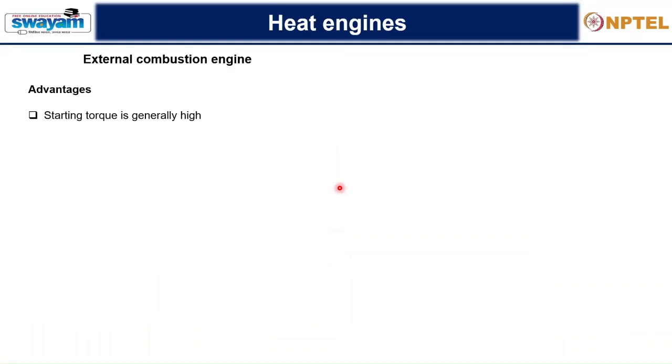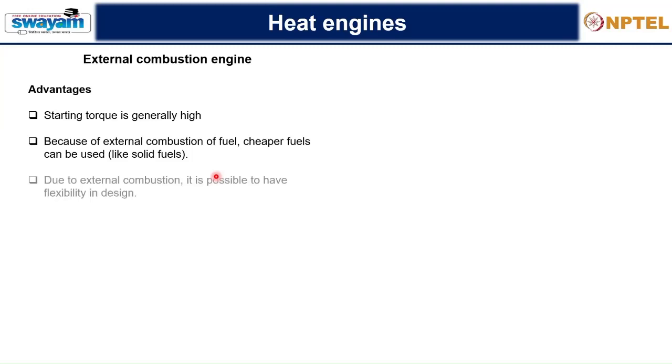Now, moving on, the advantage of the external combustion engine is that the starting torque is generally very high. When this engine has started, initially you will get a very huge force, which is not available in the case of an internal combustion engine. Because the combustion of fuel is external, cheaper fuels like solid fuels or coal can be used.